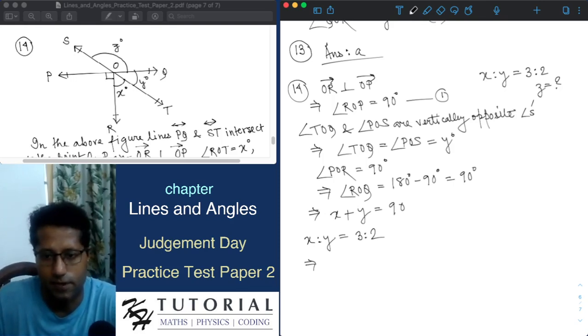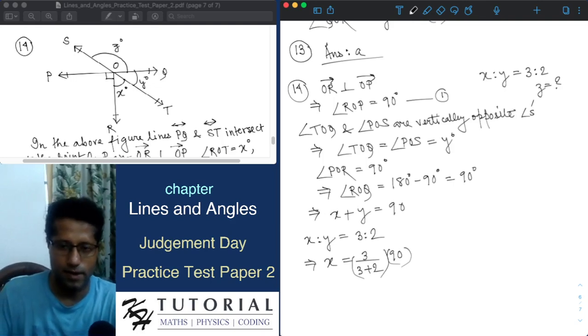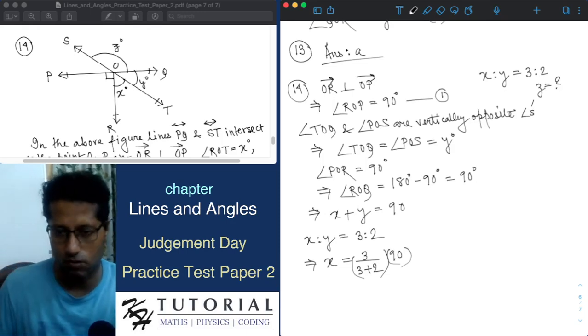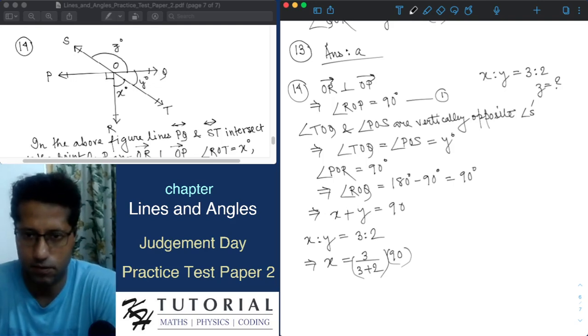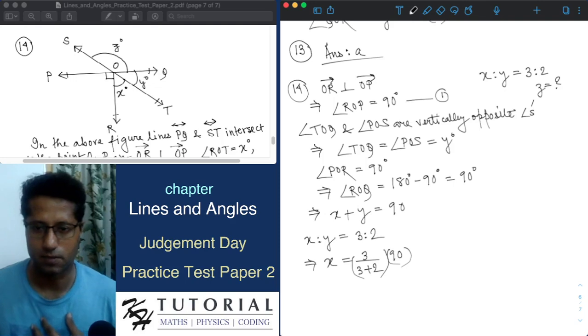Anyway, now we can say that X will be equal to 3 by 3 plus 2 into the sum of x plus y, which is 90. So what is the formula? The actual value of x is equal to the term corresponding to x, divided by the sum of the terms, and the whole multiplied by the quantity of x plus y.